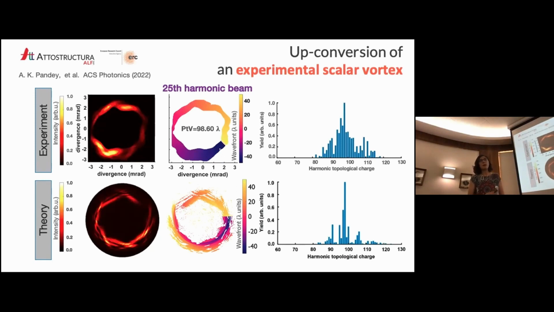So it should probably be better to follow the variation of the phase along the ring of peak intensity, which would give us a better idea of the orbital angular momentum, and which probably is more important for the experiment.